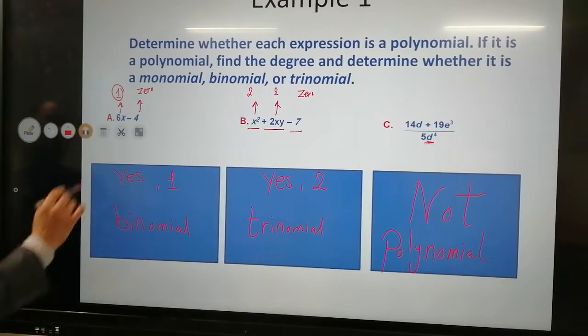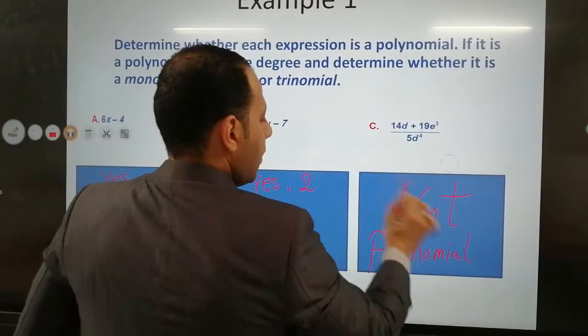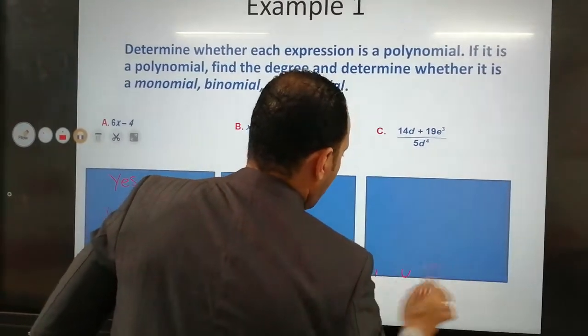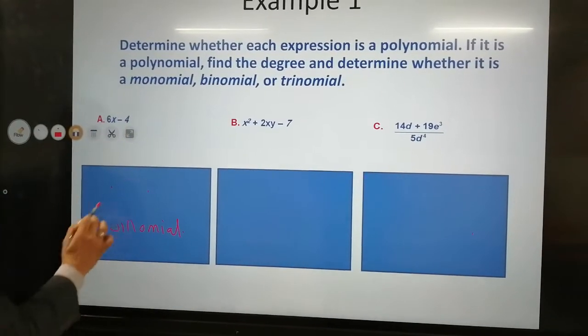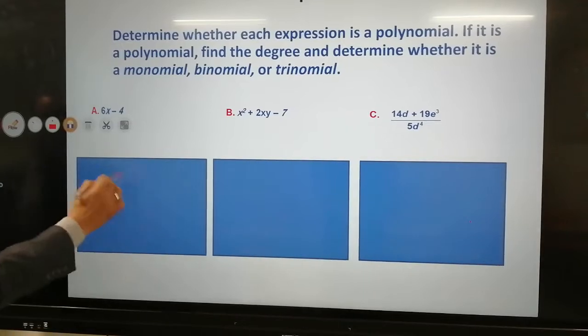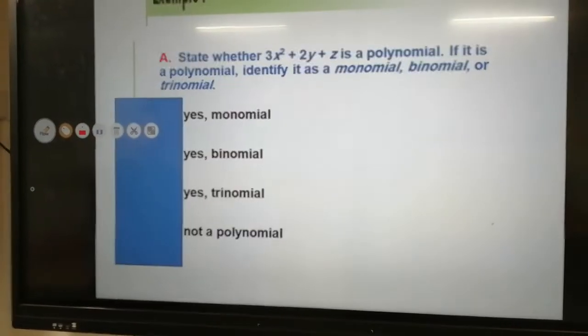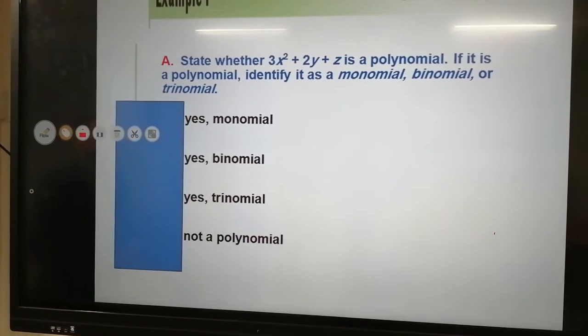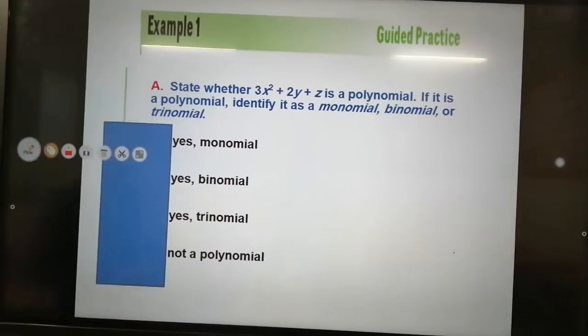Okay, we go into another example, for adding and subtracting polynomials. Example. State whether 3x squared plus 2y plus z is a polynomial.